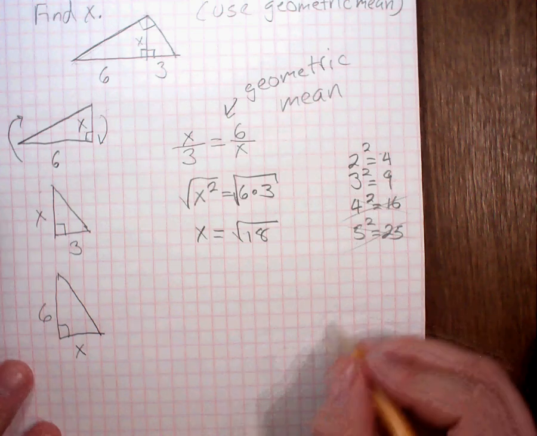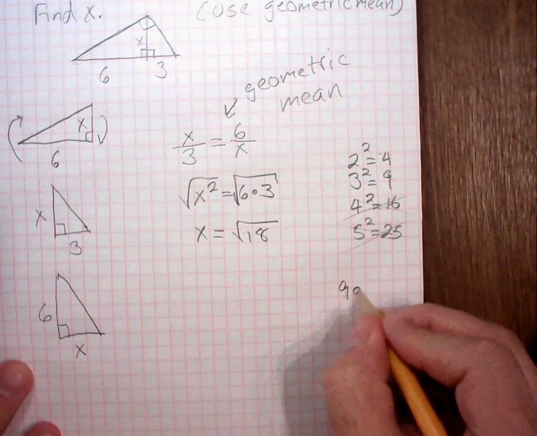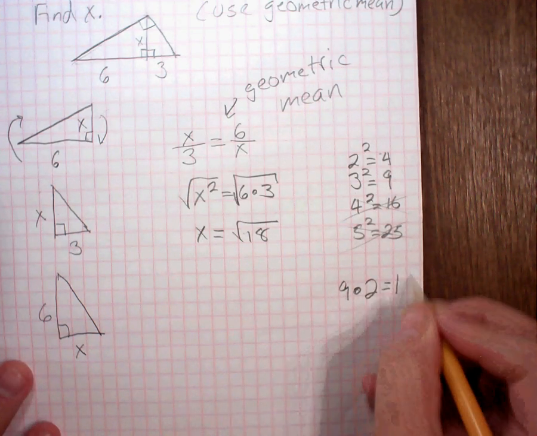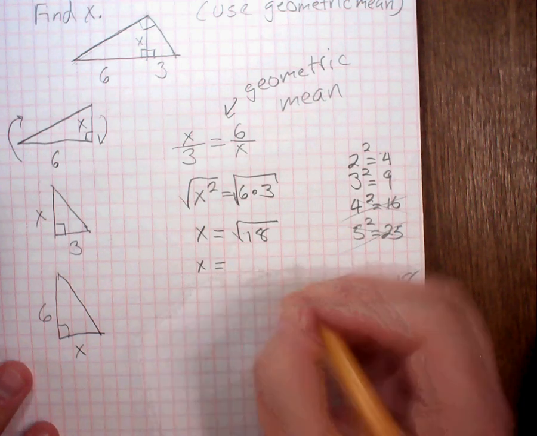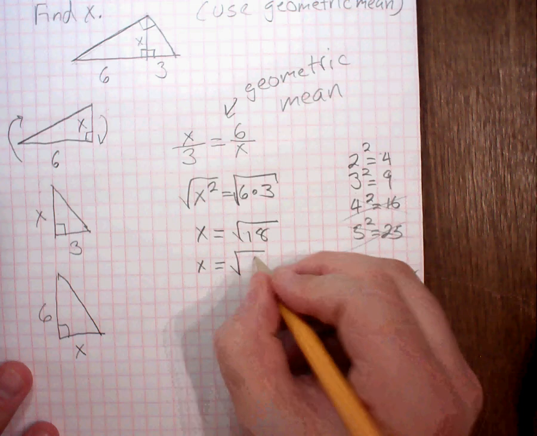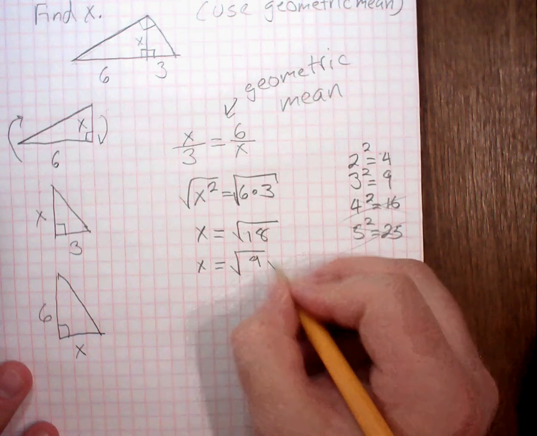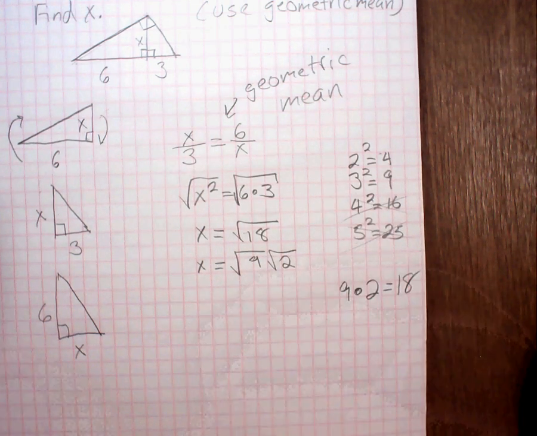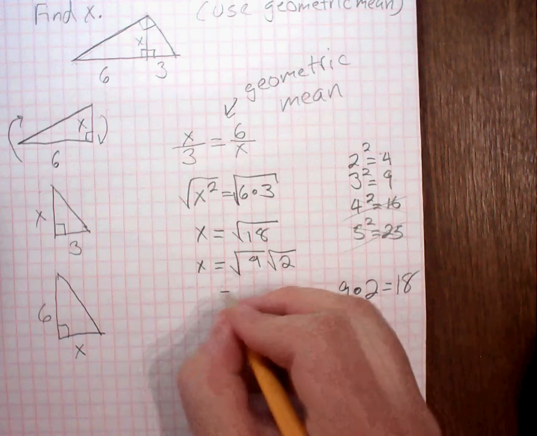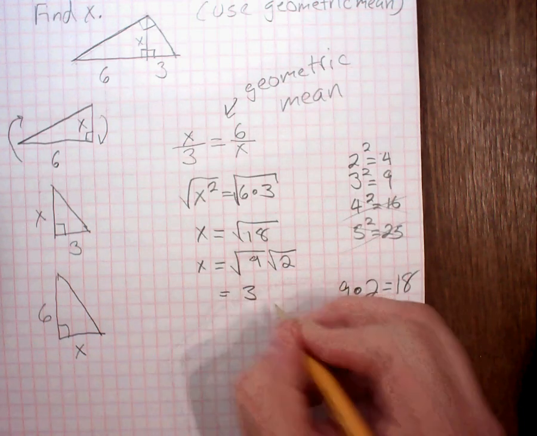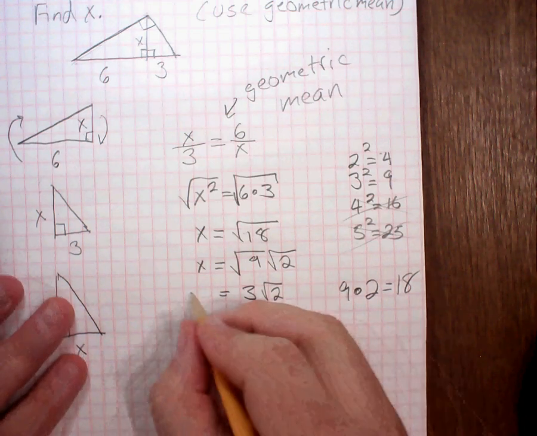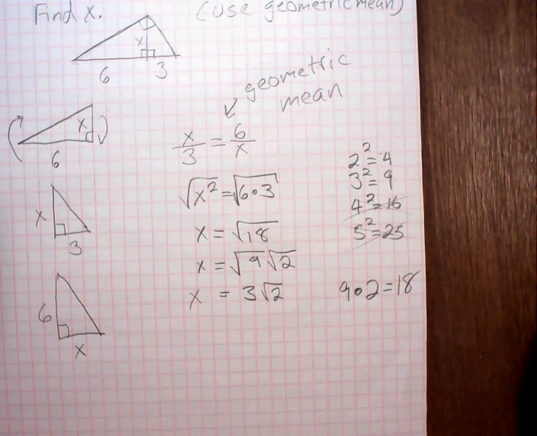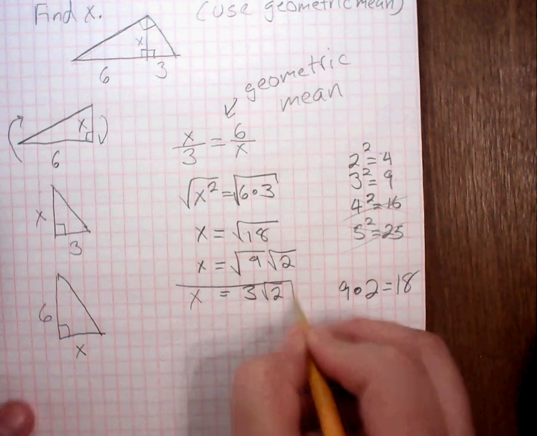In other words, 9 times 2 equals 18. So then I could rewrite this as the square root of 9 times the square root of 2. That allows me to take the square root of 9, which is really 3, and then the square root of 2 we just leave alone. We can't simplify that anymore because 2 is a prime number. And that's our answer.